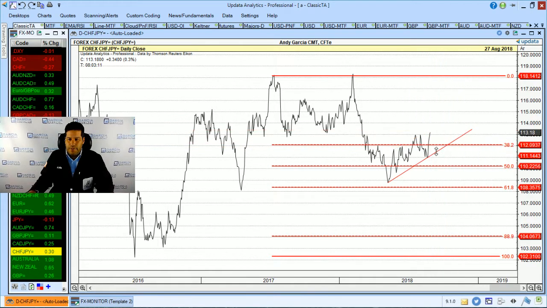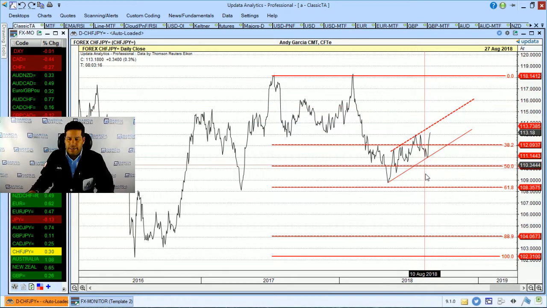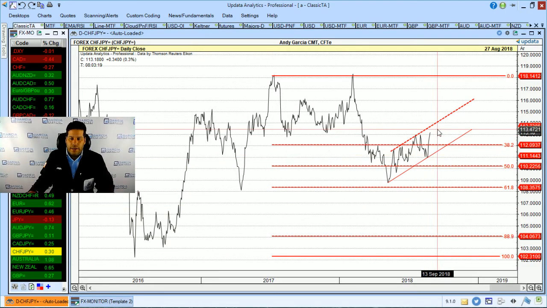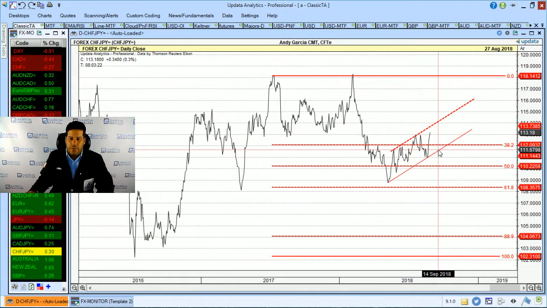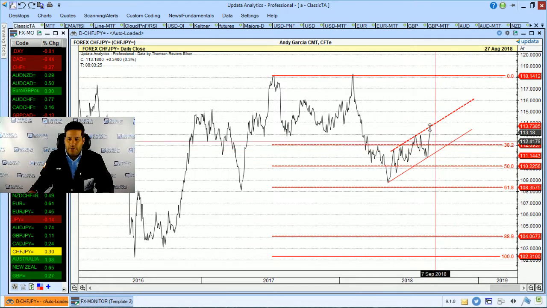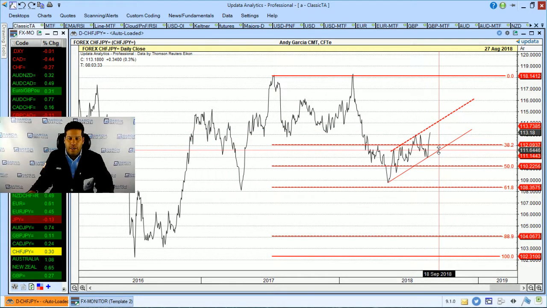Let me get rid of that, and draw that, and now you can see that's the appropriate rising channel. Okay, so now we want to be looking for pullbacks down into the lower channel zone, looking for this market to be overextended right now, but if we get a push down into the lower 111 area, that'll be a nice buying opportunity.